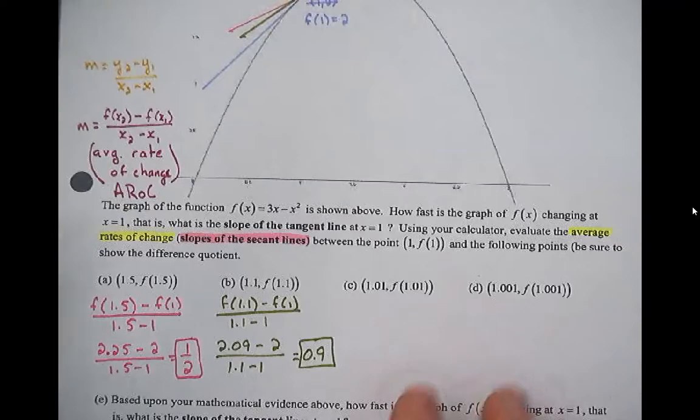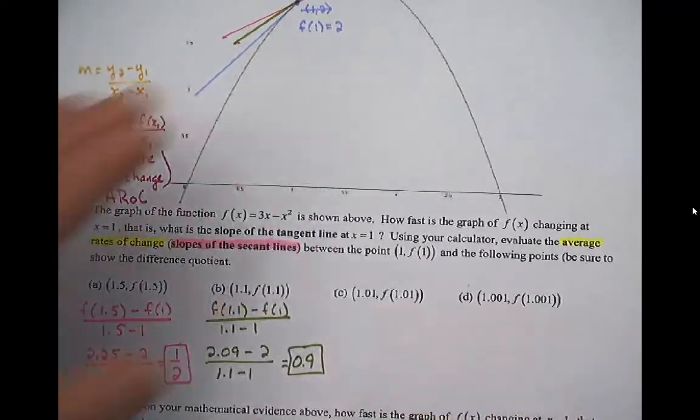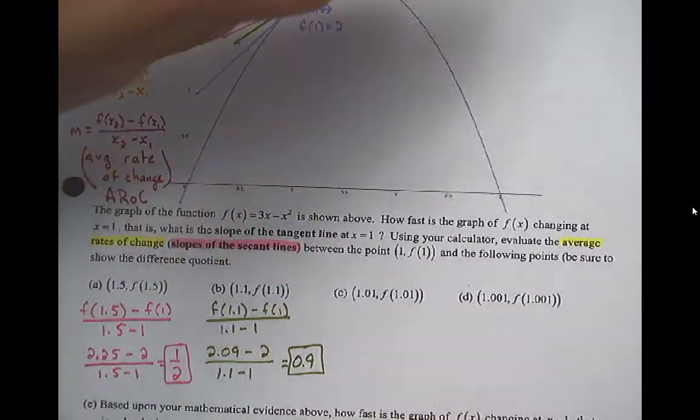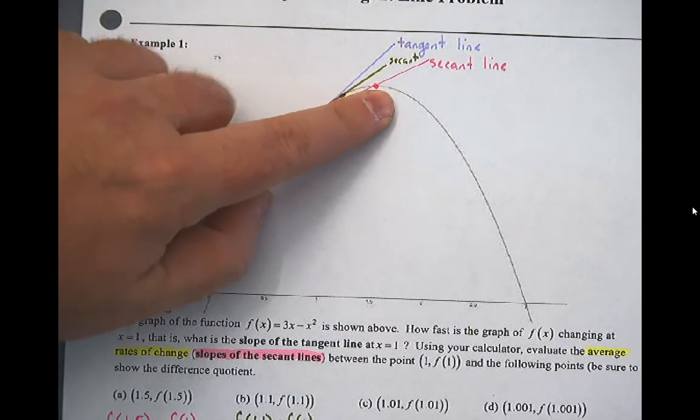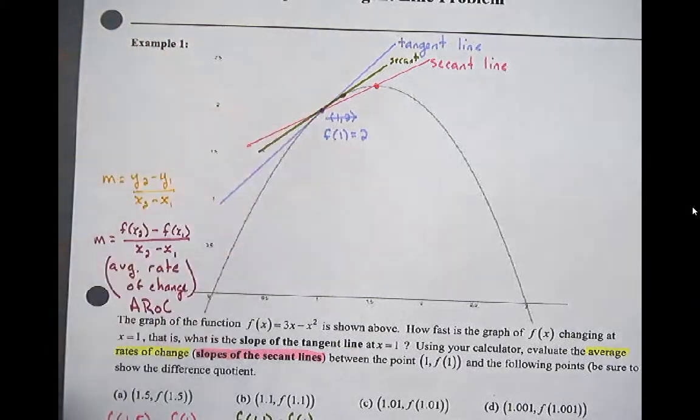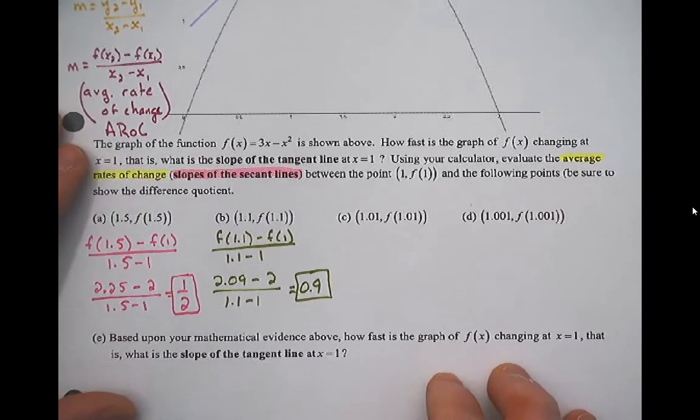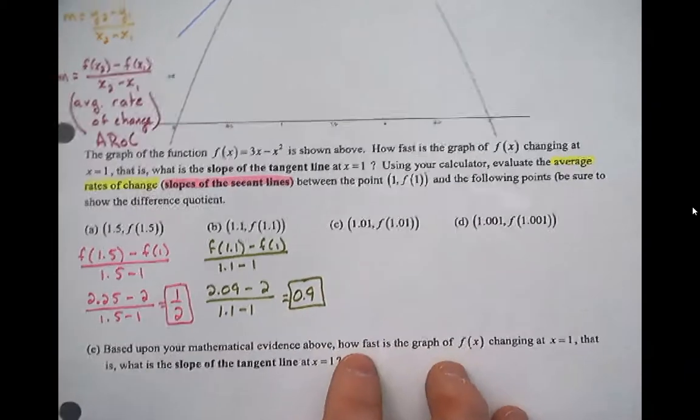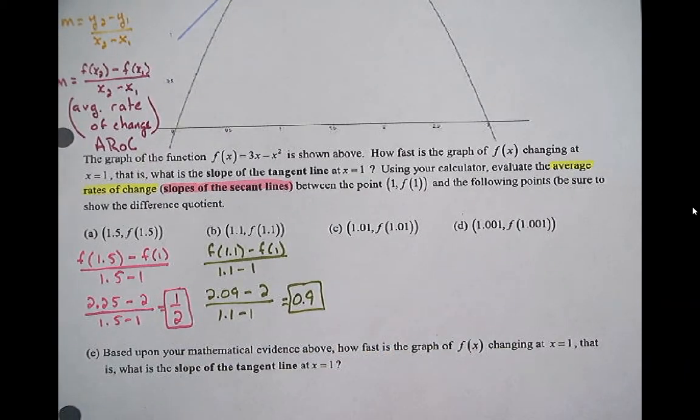You don't need to draw the tangent line, or the secant lines, I'm sorry, because it just gets continually closer and closer. As you can see, go from the pink line to the green line is getting closer to the purple line. Using your calc, let's see if you can calculate the slopes, the average rate of change between those y values, or those two function values.